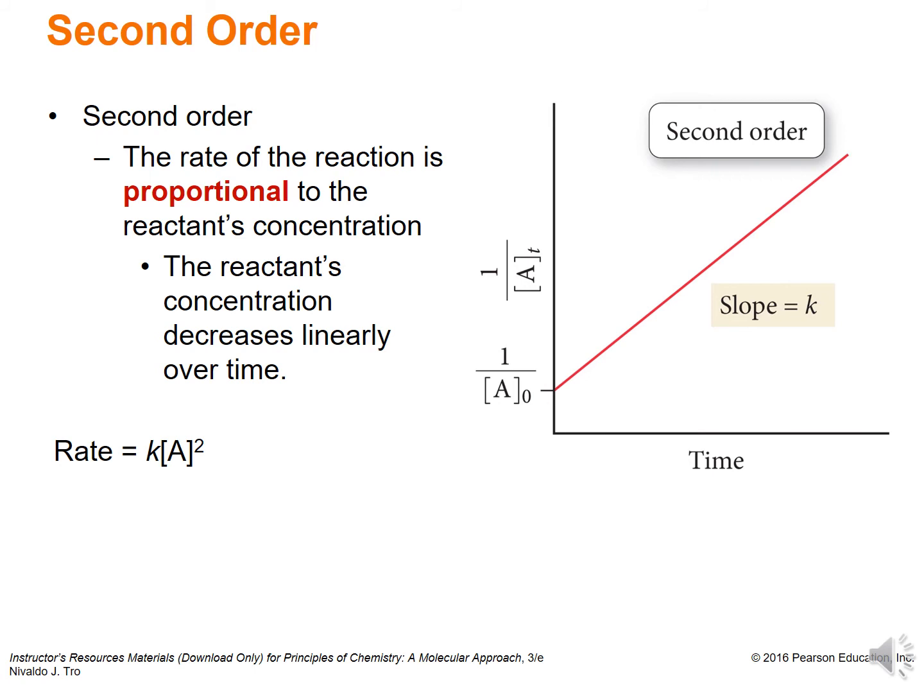I didn't point it out, but it was actually the natural log of A in the previous example. So zero order, just plain old concentration versus time. First order, natural log of concentration versus time. And now second order, 1 over concentration versus time to get us our nice straight line slope. So rate for second order reactions, rate equals k times the concentration of that reactant raised to the second power.